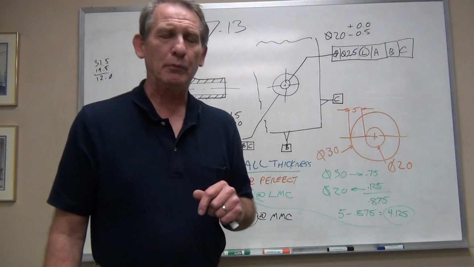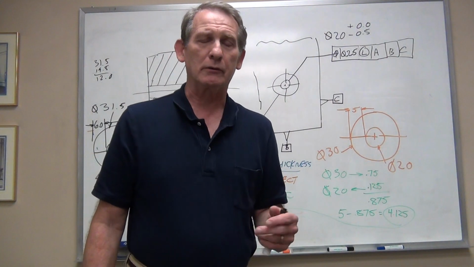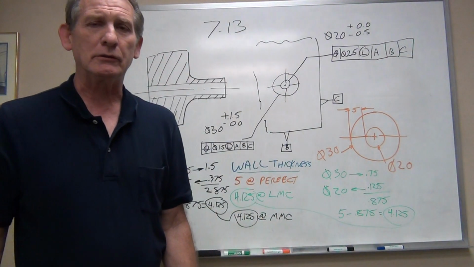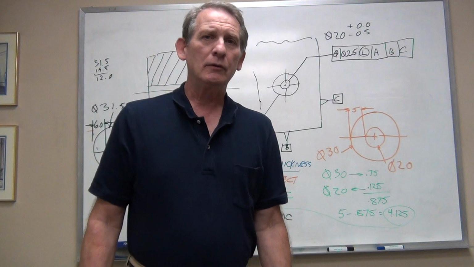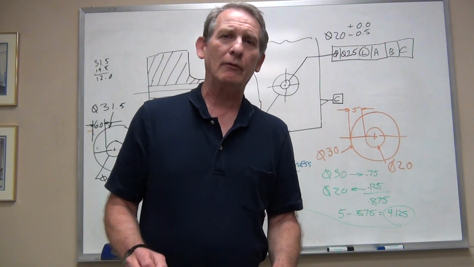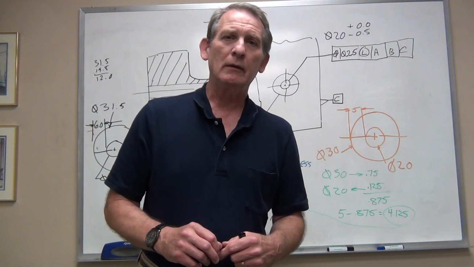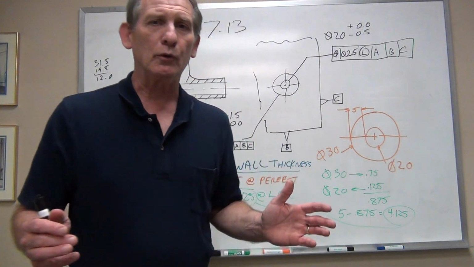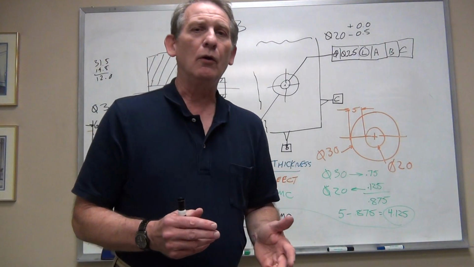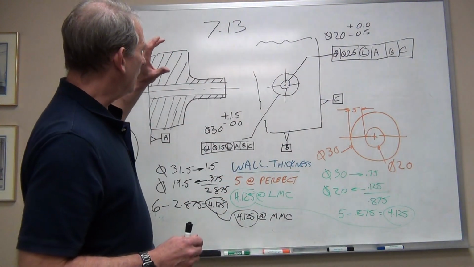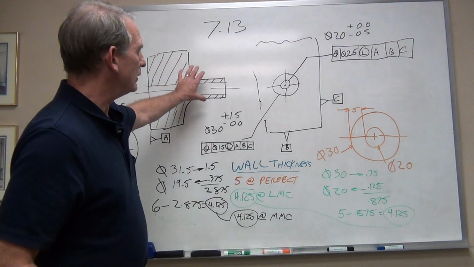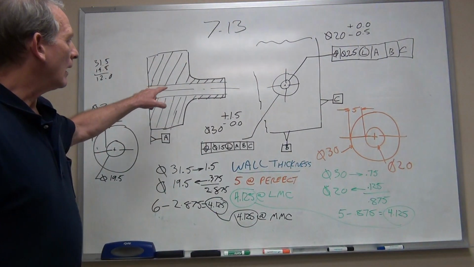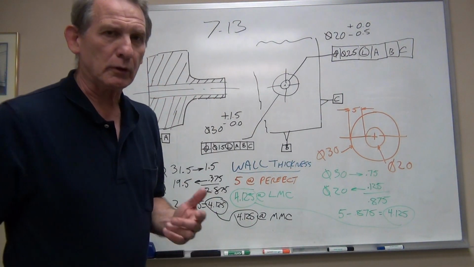And this is an example where we're going to use least material condition. Least material condition is almost always used to guarantee that we have a minimum amount of material in some instance where we have two features interacting, where two holes might be getting close to each other, or where, in this case, we have a male feature, a boss, and a drilled hole in it.